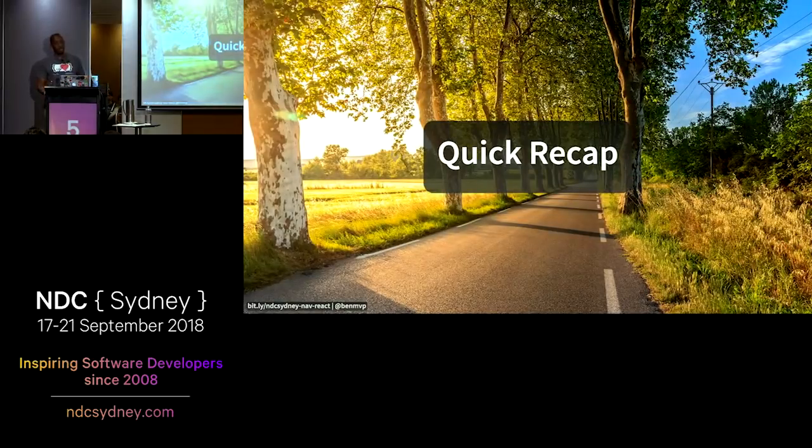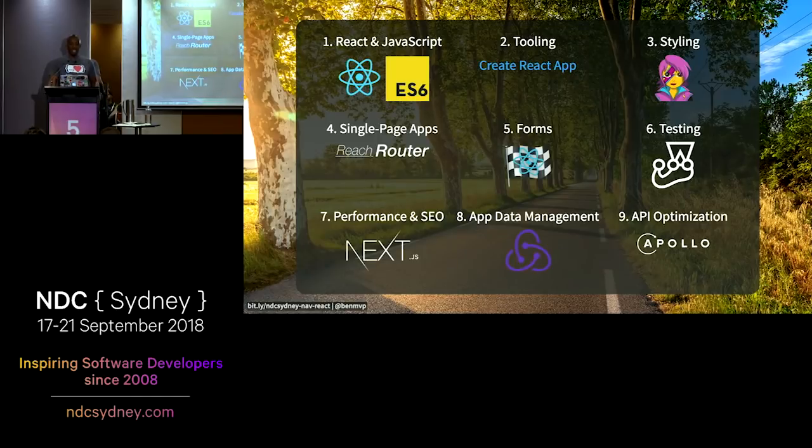Okay, so quick TL;DR in case you missed anything. You could have just not been paying attention the whole time, and now you can pay attention. So number 1 is start off with React and ES Next. That's what you want to do. Focus on that. And then number 2, for tooling, just use Create React App. There's no cool logo, I don't know why they didn't create one, but use Create React App.